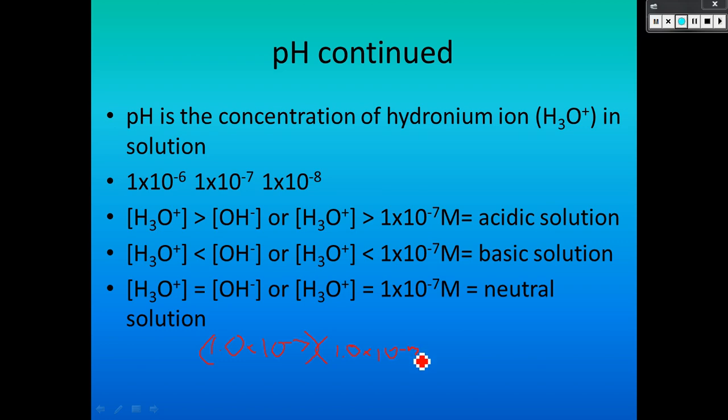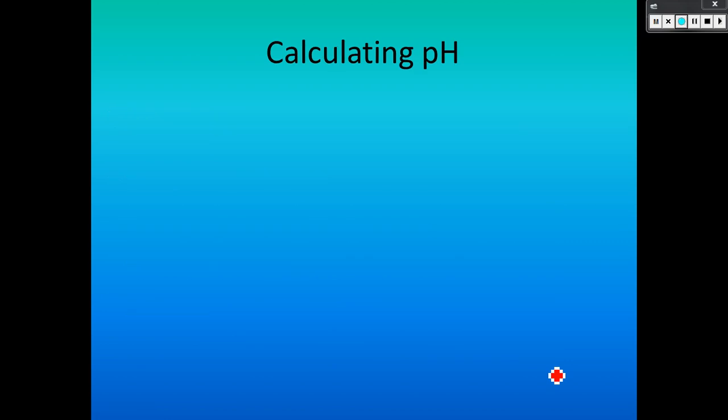And if you remember, when you are multiplying exponents like this, you add the exponent. So Annika, what's 7 plus 7? 14. So this is 1.0 times 10 to the negative 14th. And that's what we said, that the hydronium times the hydroxide is always going to be 1.0 times 10 to the negative 14th. At room temperature, by the way, because again, KEQs can change with temperature. All right.